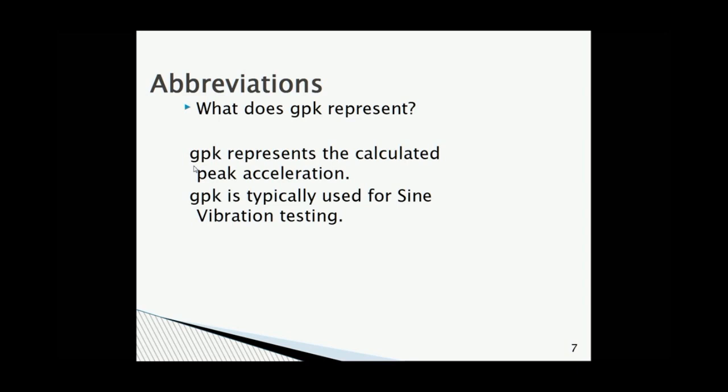Now we will go ahead and define peak graphically. I'm going to draw a vertical axis and a horizontal axis. And this is the first quadrant of a graph. And I'm going to define the vertical axis as y and the horizontal axis as x. I will now draw a crude sine wave.